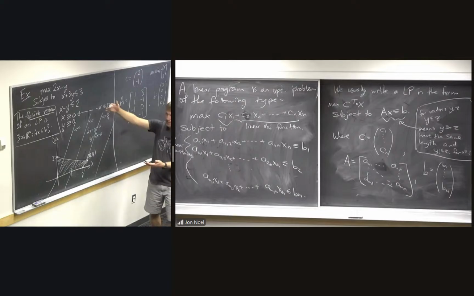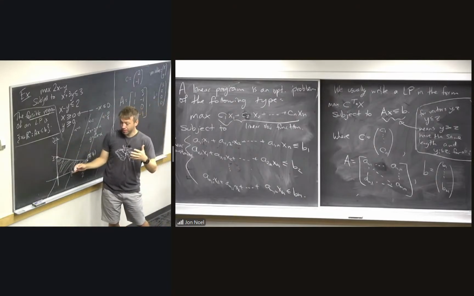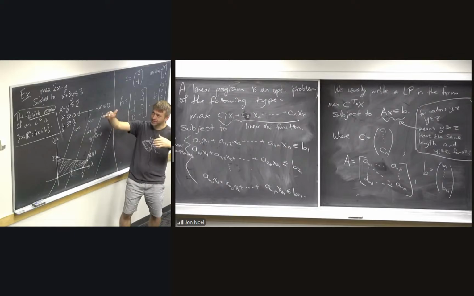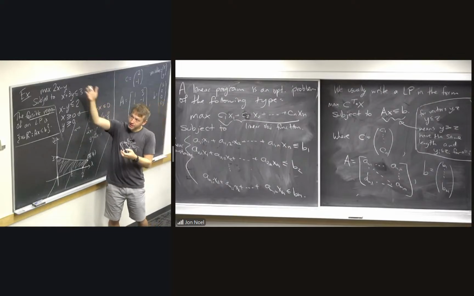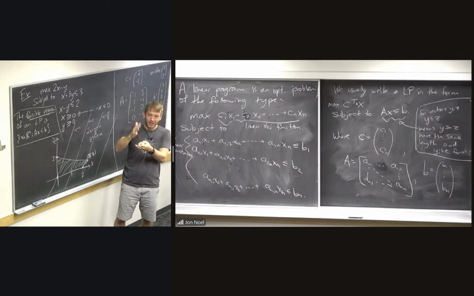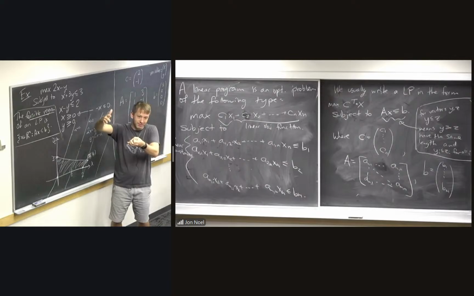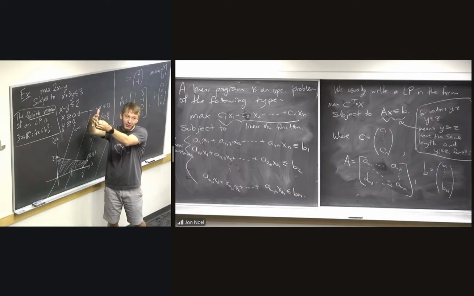More generally, you're going to have more variables, so you're in a higher dimensional space. This is called a polyhedron. Your objective function, if you set it equal to some value, corresponds to a hyperplane, and you push that hyperplane as far as you can while it's still touching the feasible region, and look at the last place where it touches.